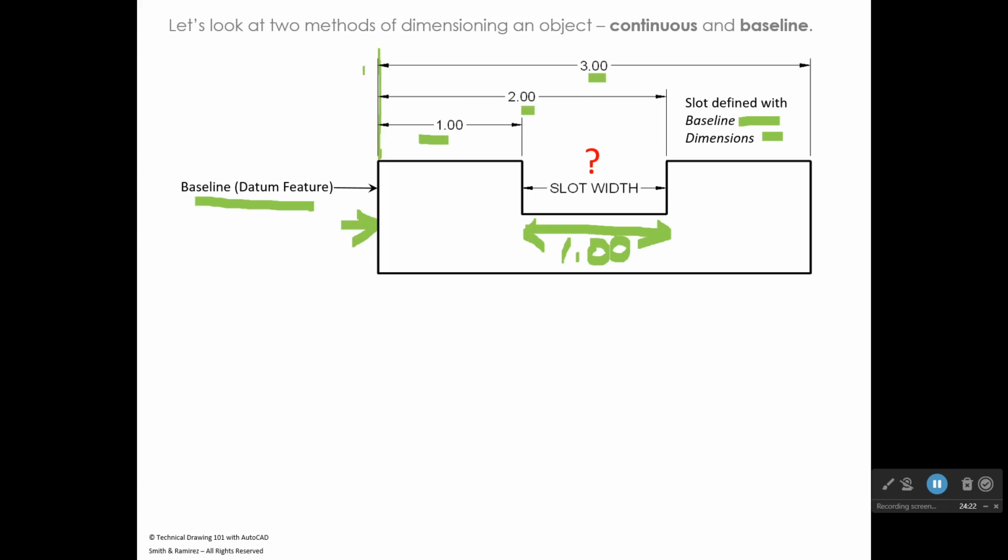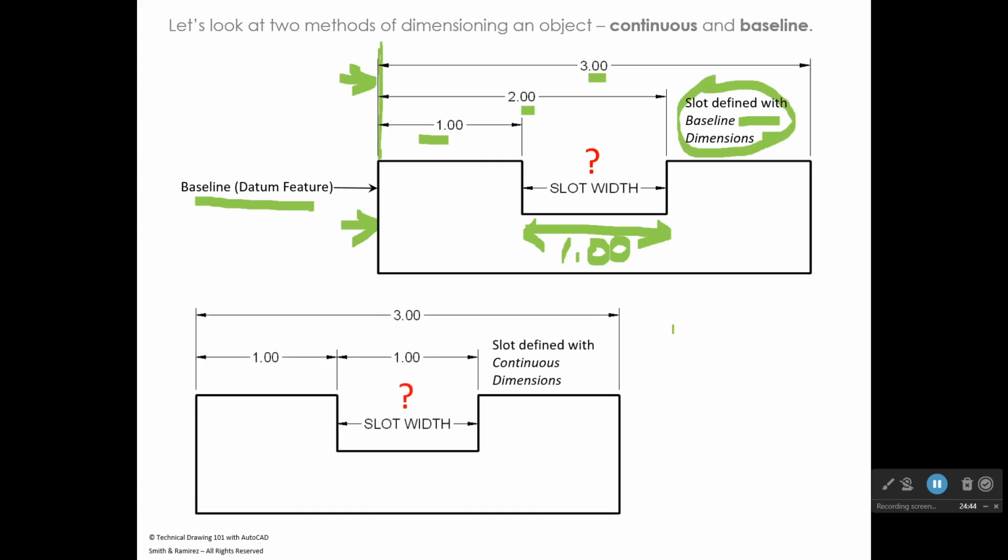They all reference this baseline edge right here, which some people call a datum. I think of it as an edge, it's a datum feature actually, but that defines that our slot is 1.00. So again, this is called baseline dimensioning because we're coming off of this baseline over here.